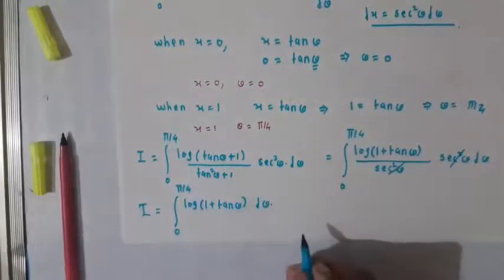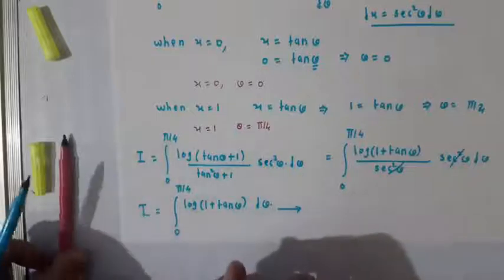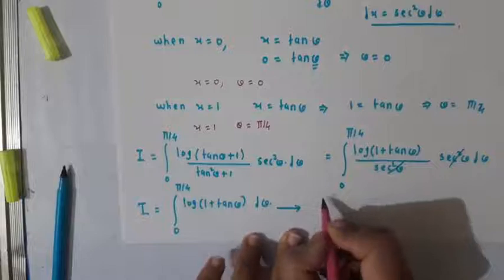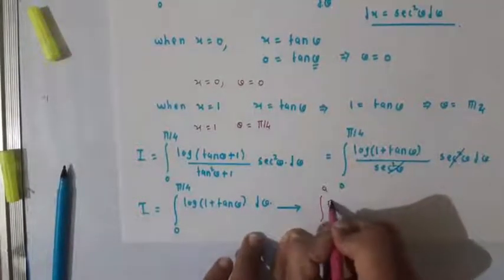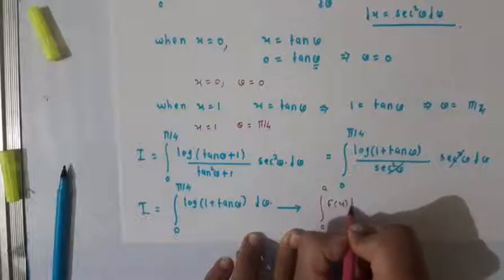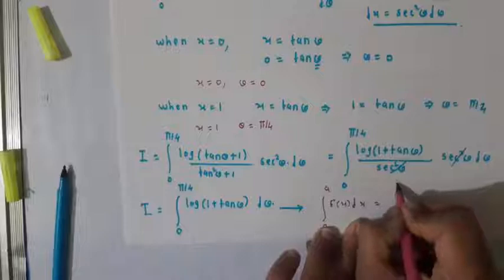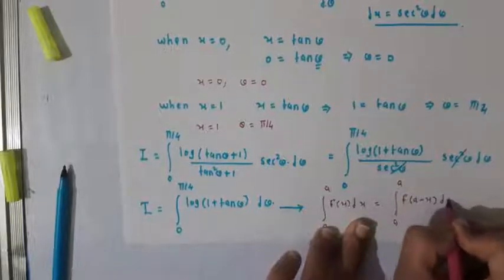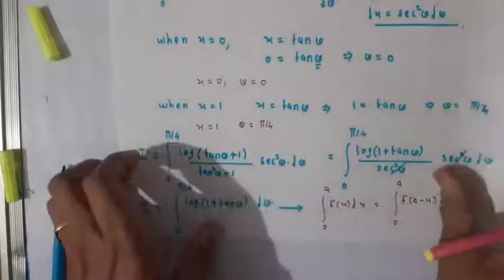Students, here by using the property of definite integration we can solve the problem easily. The property that we have to use is integration 0 to a of f of x with respect to x is equal to integration 0 to a of f of (a minus x) with respect to x. By using this property we can solve the problem easily. Let us solve.